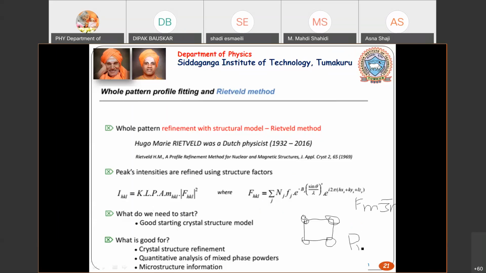In that case I have to use Pm-3m. I cannot use Fm-3m because this corresponds to face-centered cubic, not primitive cubic. So this is the meaning of a good starting crystal model.